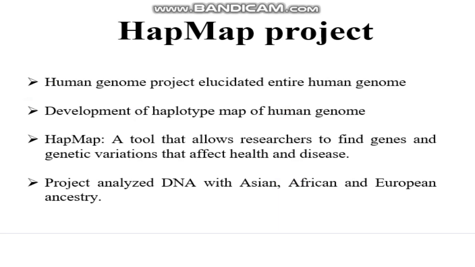Similarly, another project known as the HapMap project was initiated in order to determine the genetic variations among the human population of Asian, African, and European ancestry. And these genetic variations might affect the health and disease of humans.